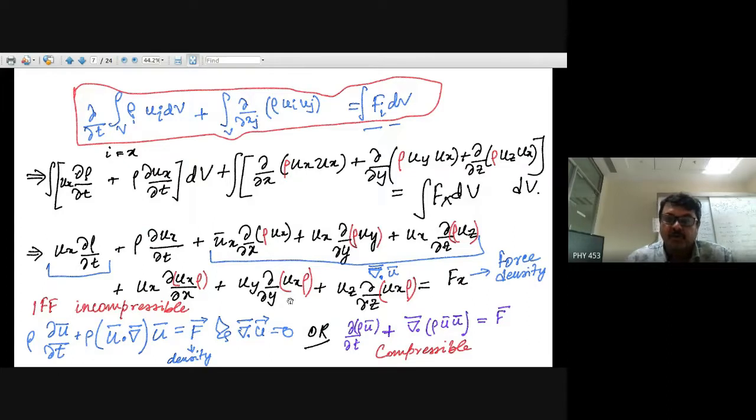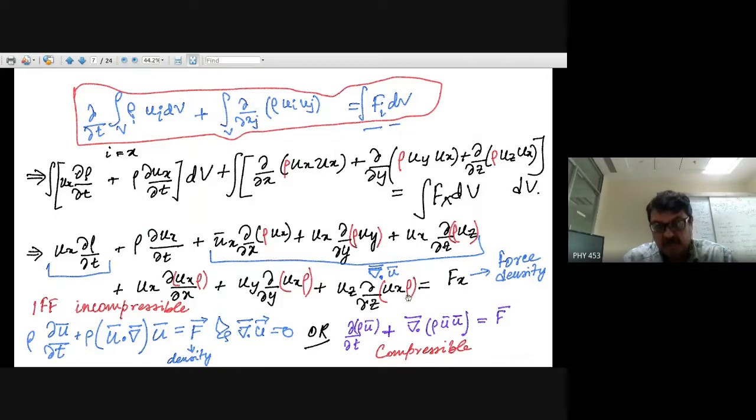Moreover, since the fluid is incompressible, rho is a constant in space and time, so you can take it out of del del x, del del y and del del z. So even this will drop out.